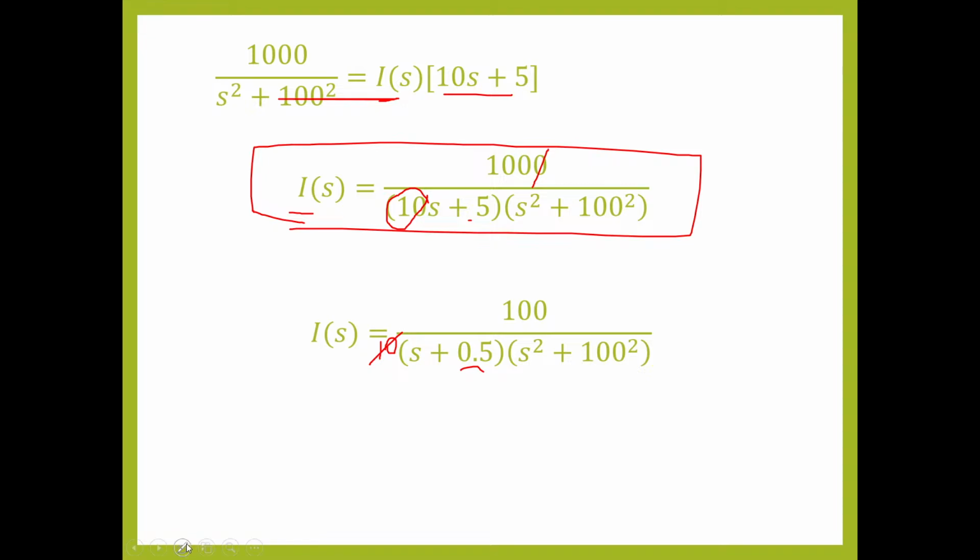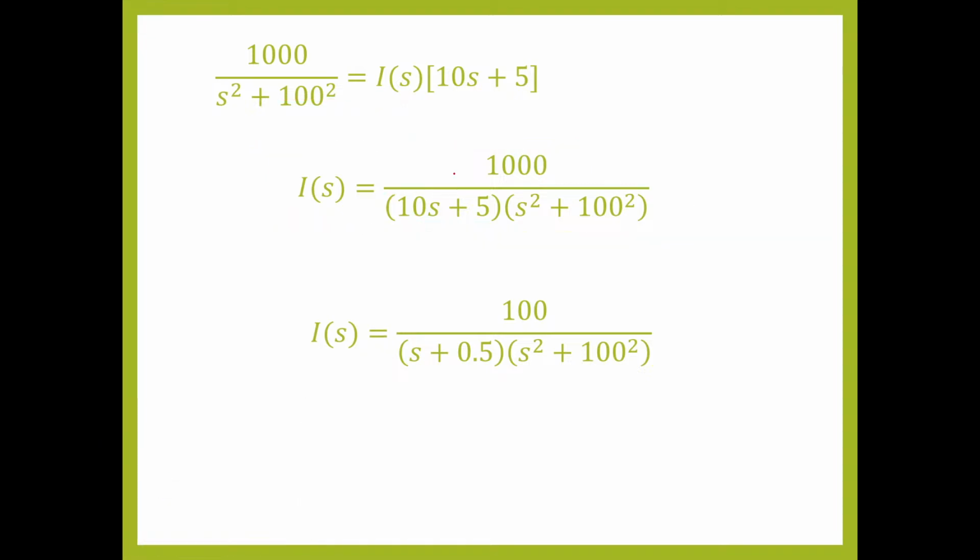So I have further simplified it, simply taking the coefficient of s common. I have got an expression here. In the denominator, if you see, s plus 0.5 is there, s square plus 100 square is there.